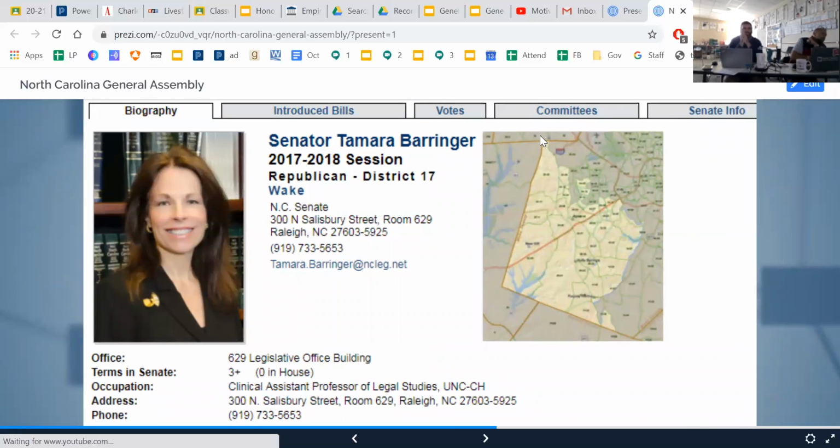Now, Tamara Barringer is no longer our North Carolina senator. But go ahead, you can take it. But she is running for a certain race. She has transitioned. She lost in her reelection bid to Sam Searcy. So sad. I've actually met her. I don't know if I say Senator Barringer if you're no longer in the Senate.